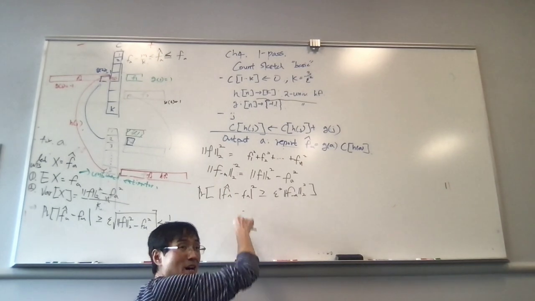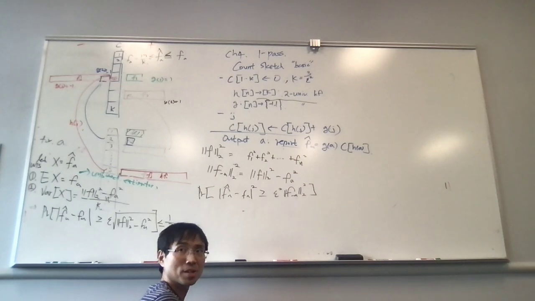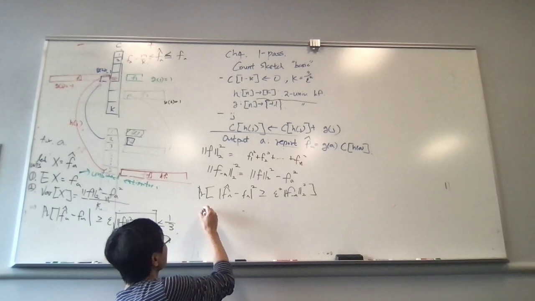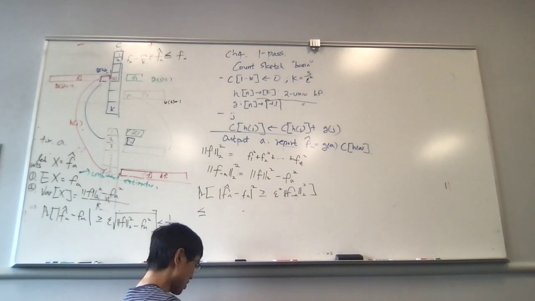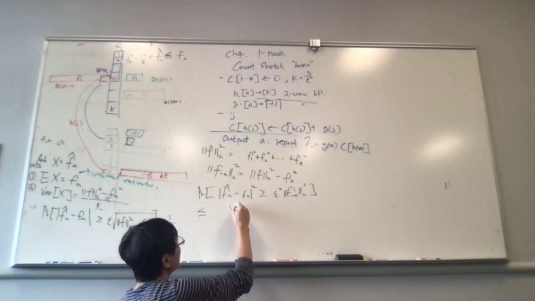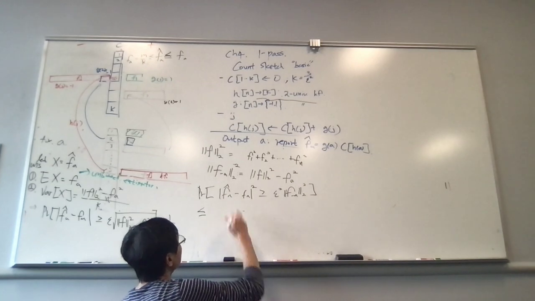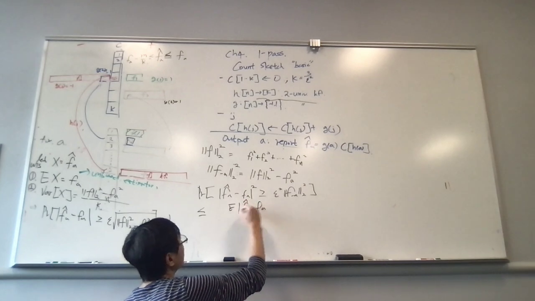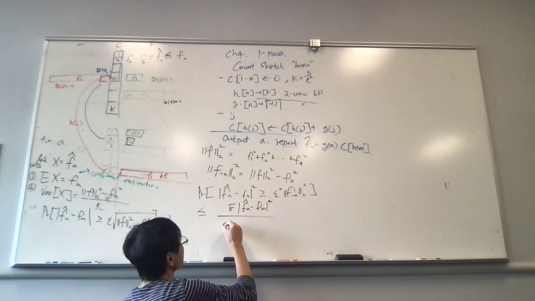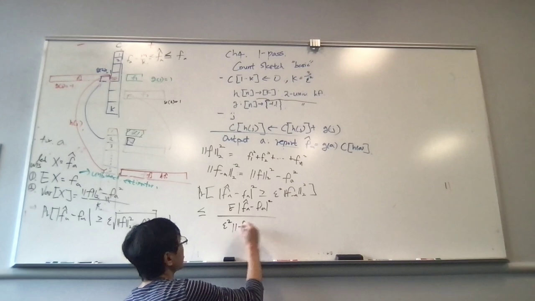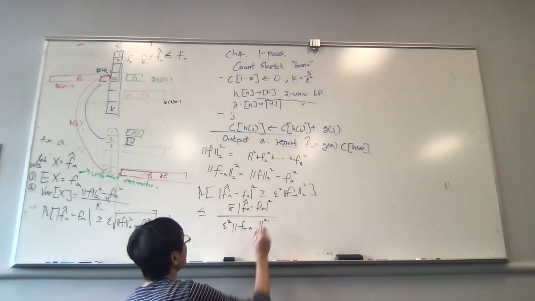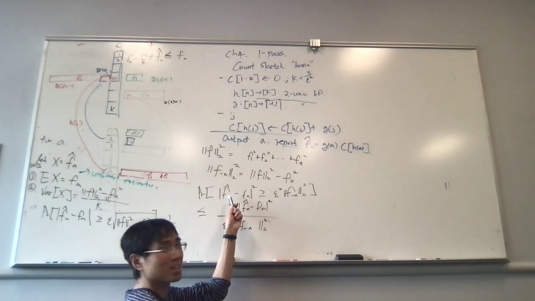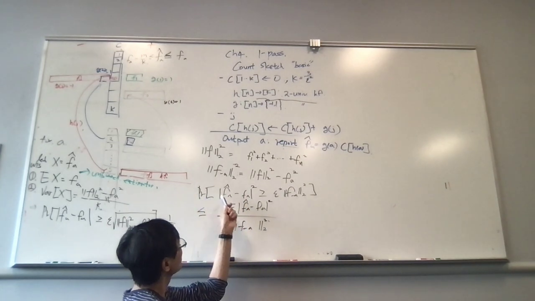So we can apply Markov's inequality. Actually, it's basically Chebyshev's inequality. So this will be bounded by the expectation of this divided by epsilon squared times f minus a. You see, this is the definition of variance, the expectation of the squared deviation.